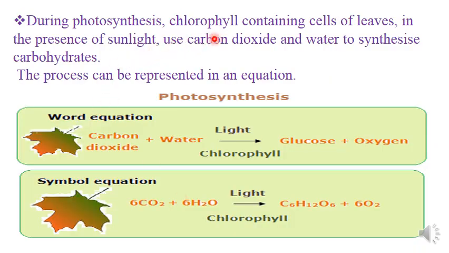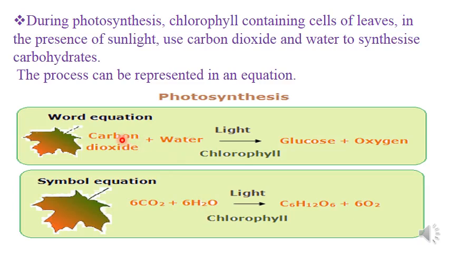During photosynthesis, chlorophyll containing cells of leaves, in the presence of sunlight, use carbon dioxide and water to synthesize carbohydrate. The process can be represented in an equation. Carbon dioxide, its symbol is CO2, and water, H2O.